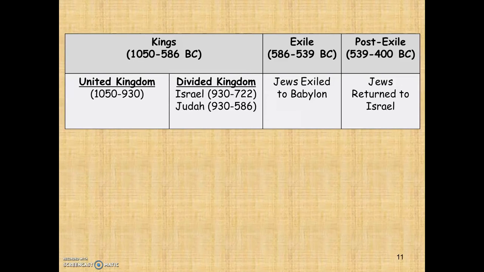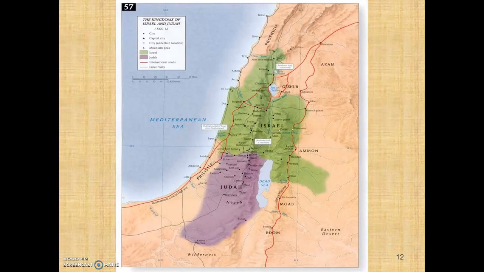In the south, all of the kings are part of the Davidic line and related to David and reigning in Jerusalem. And we'll talk later in the quarter about some of the messianic prophecies that are associated with the kings in Jerusalem in the south. Then you see here the final periods of exile and post-exile.